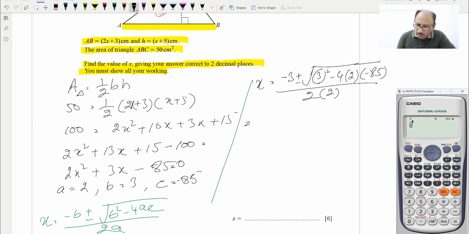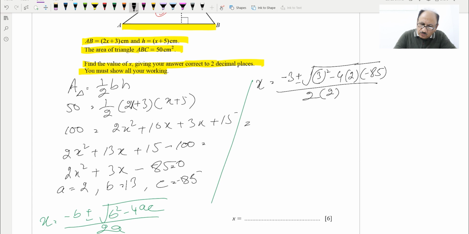Basically instead of this one, b value is 13, not 3, so minus b plus minus b square.